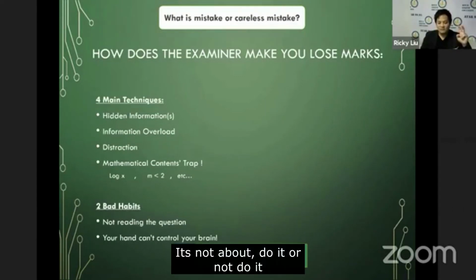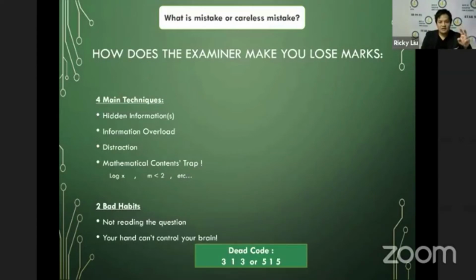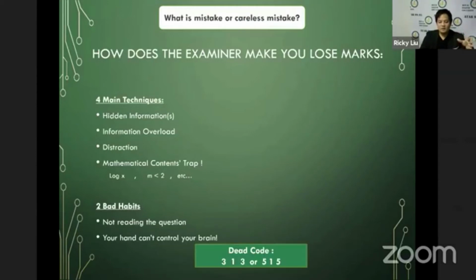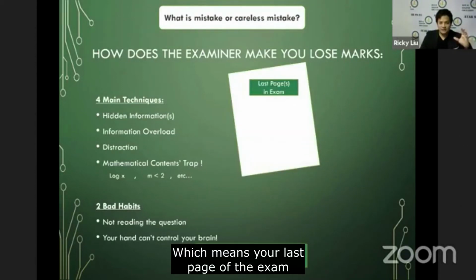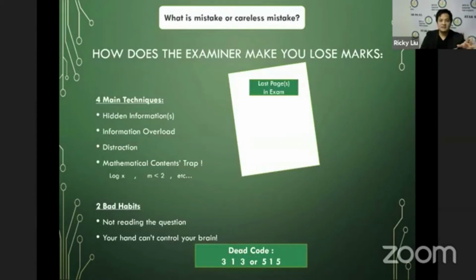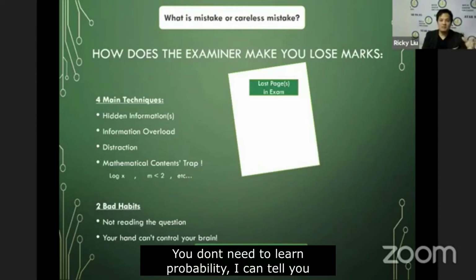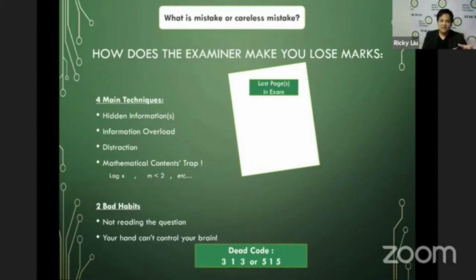It's not about do it or not do it, okay? If you have these 40 minutes gone already, which means what? Which means the last page of your exam is going to be empty. You haven't learned probability yet, but if you have all these bad habits, you don't need to learn probability. I can tell you the last page is going to be empty in your exam.